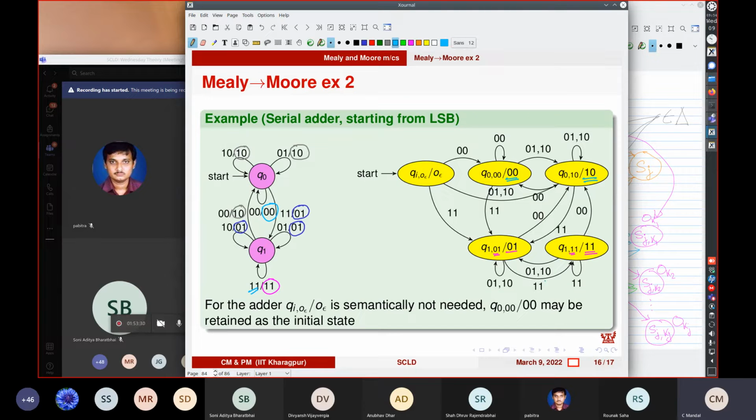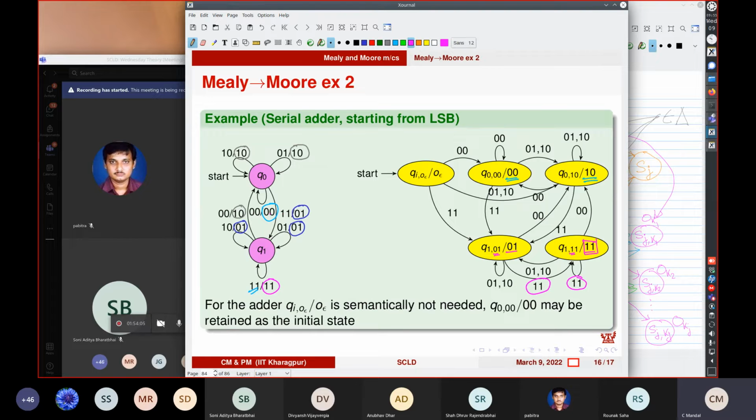So as you can see, for these two inputs, I'm coming to this state to get the output 1, 1.